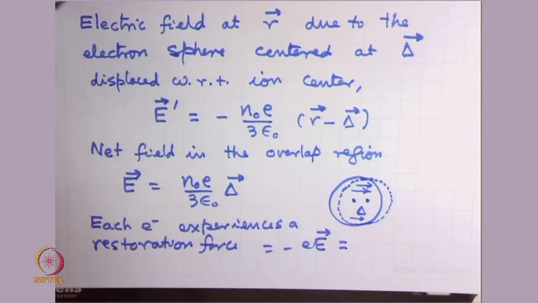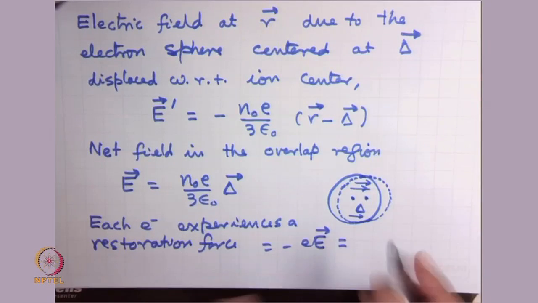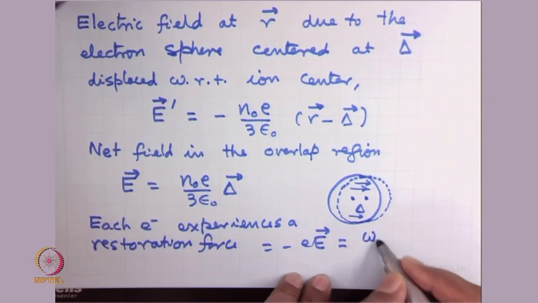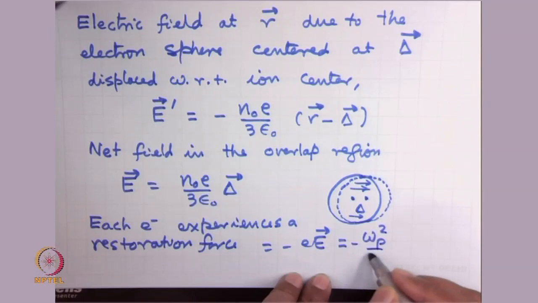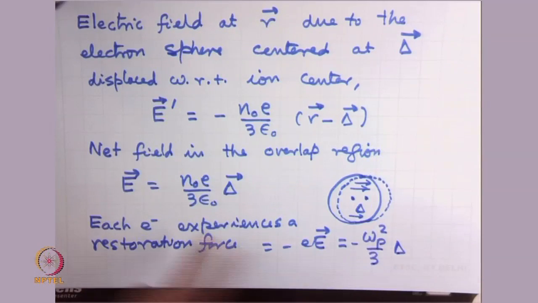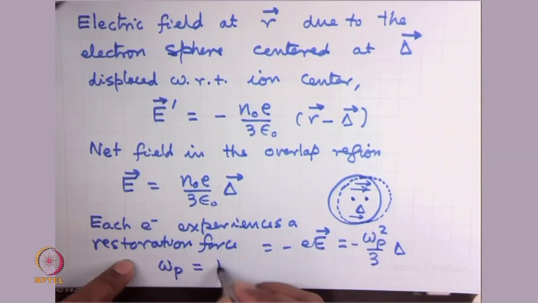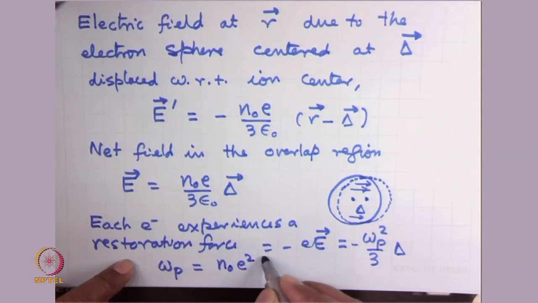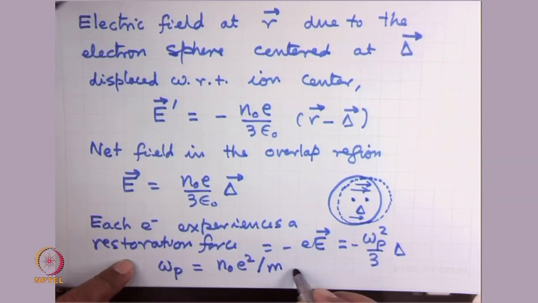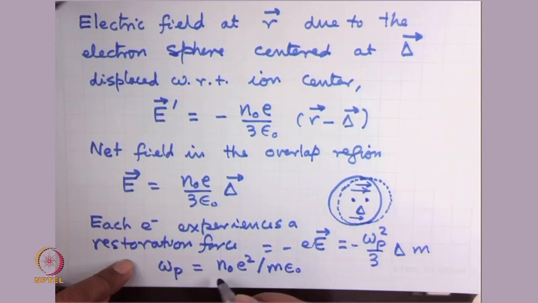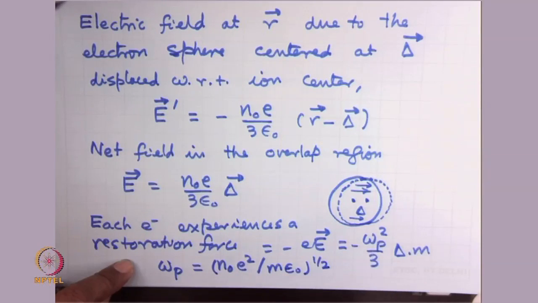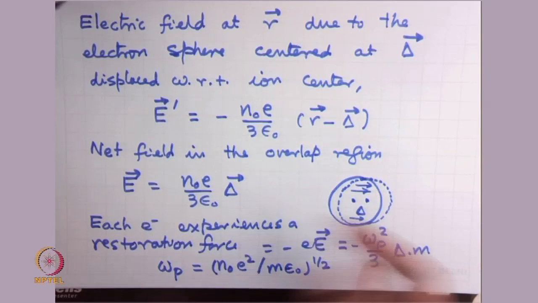So, multiply this quantity by minus e, and this turns out to be equal to omega p square by 3 delta, because I am defining omega p, the plasma frequency, as before, n0 e square upon m epsilon 0 to the power half, with m multiplied also here. So, there is a restoration force experienced by every electron.